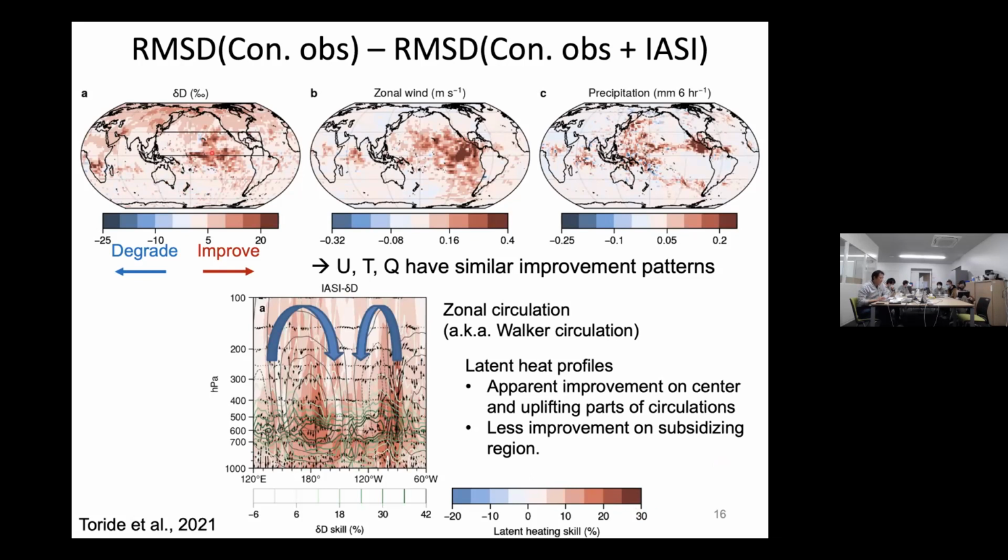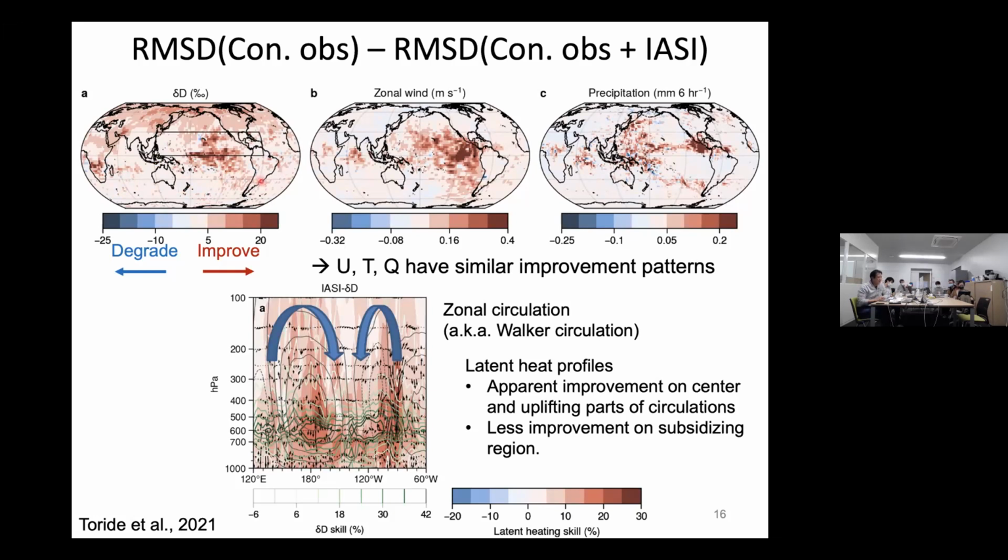Actually, the highest improvement was made over those areas because relatively less observation was available in that area at that time. So it's not always true to have the biggest impacts there. But an overall reddish color is shown. It means that there is a positive impact by having ERC data in the data assimilation.